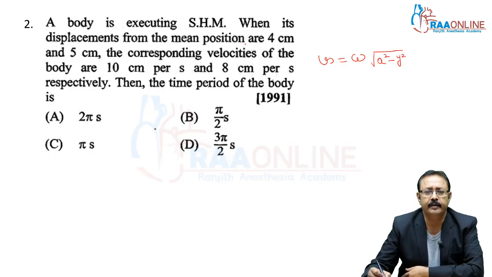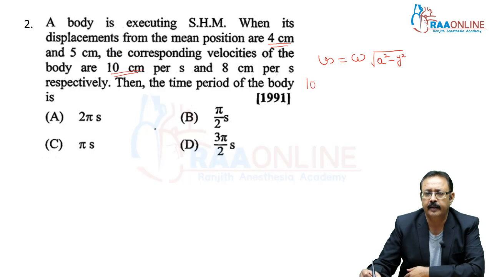They are saying when we were at 4 centimeter from the mean position, velocity was 10 centimeter per second, meaning v was 10 when y was 4 centimeter. That is the first relation they gave us.